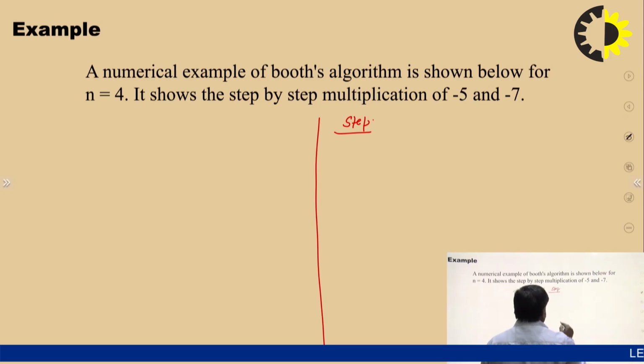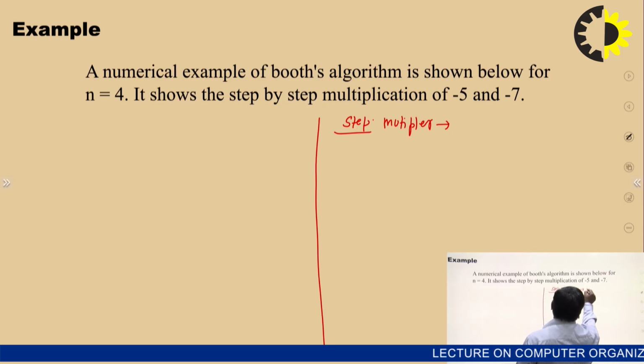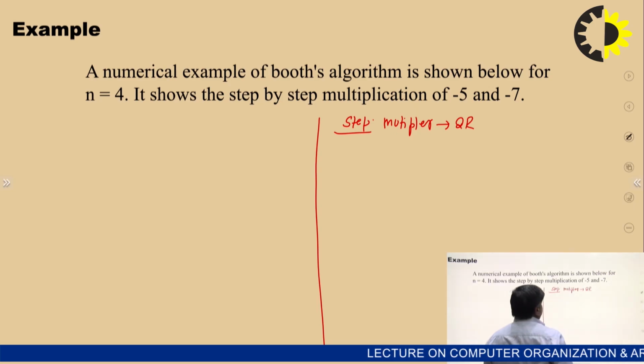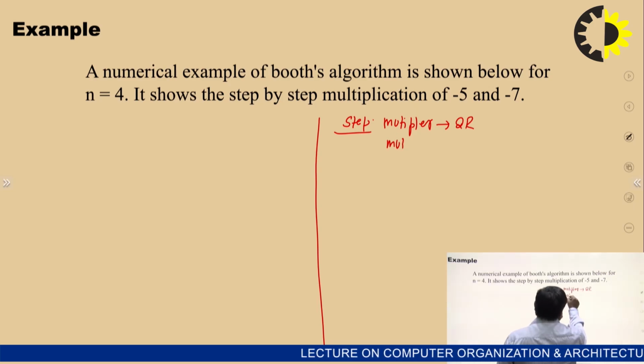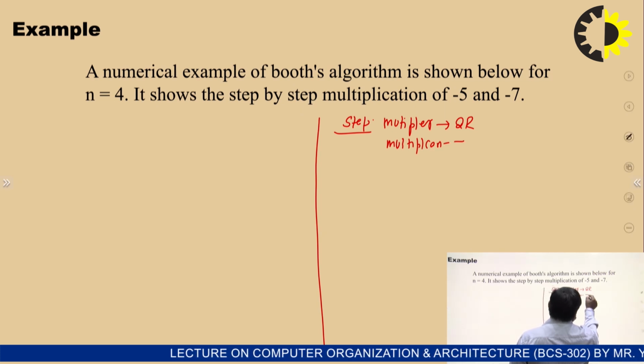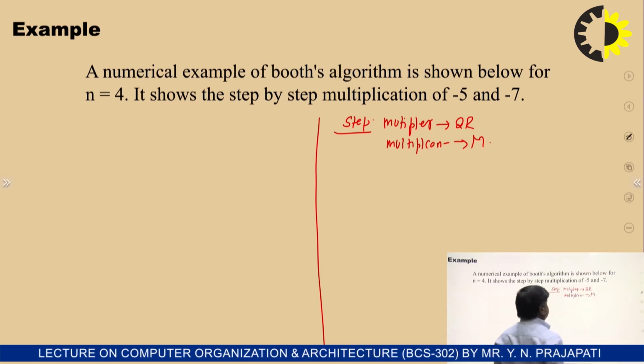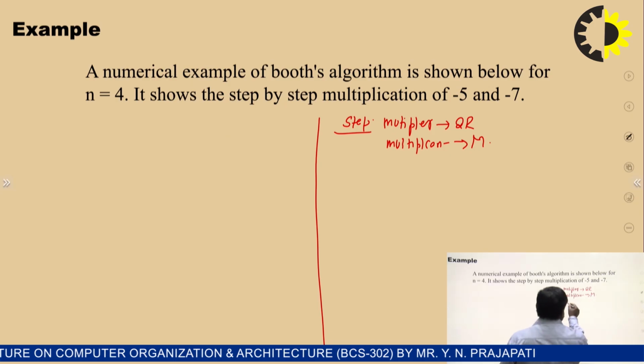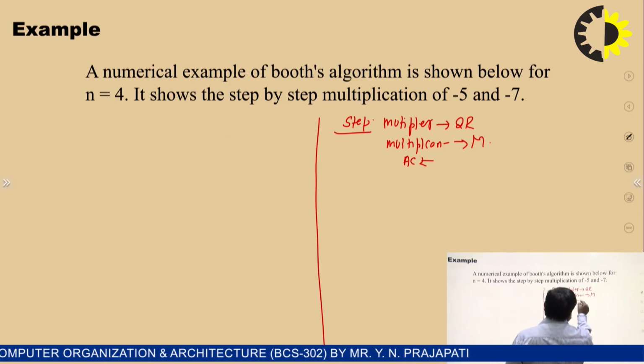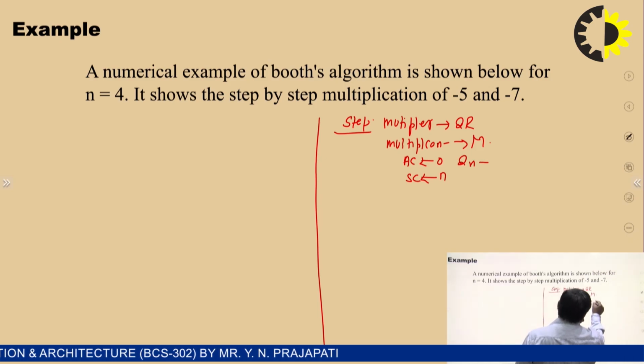Step 1: multiplier in QR and multiplicand in BR or M. And at the start, AC is 0, SC is N, and Qn plus 1 is 0.